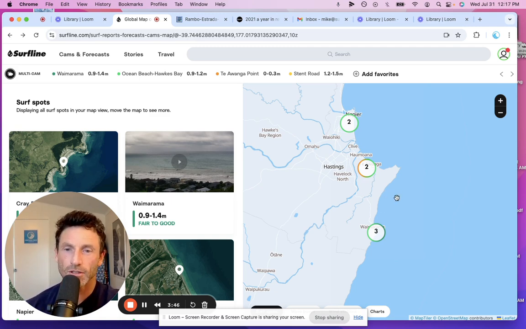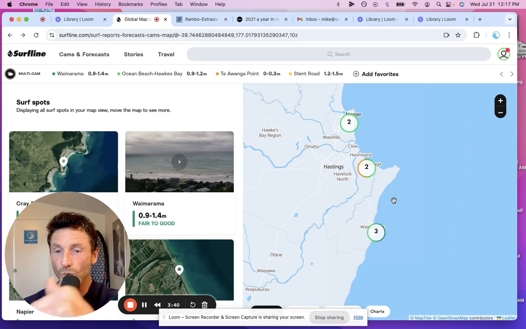So this is where Surfline is very accurate at predicting what swell is in the water. It's often not accurate at predicting how much of that swell is getting into particular beaches. And that's where you need to figure that out and take note of that.